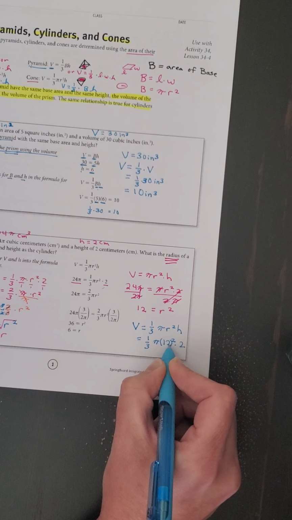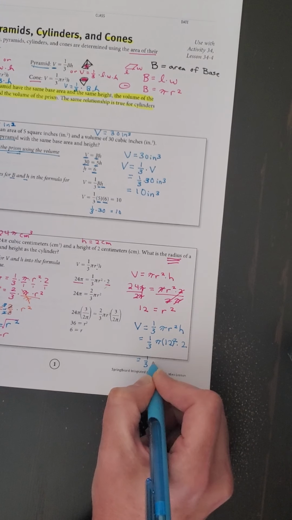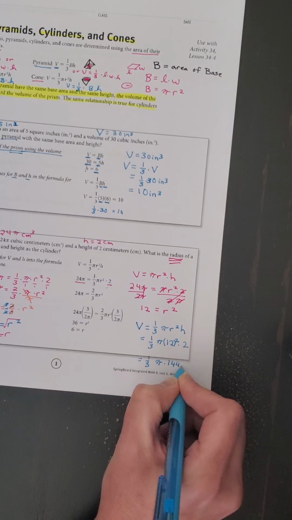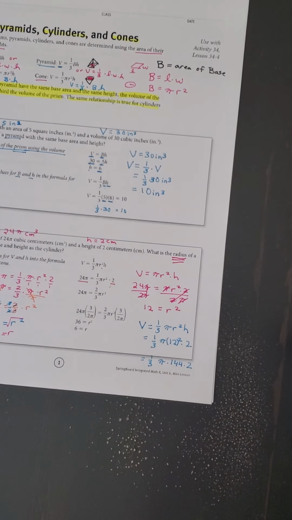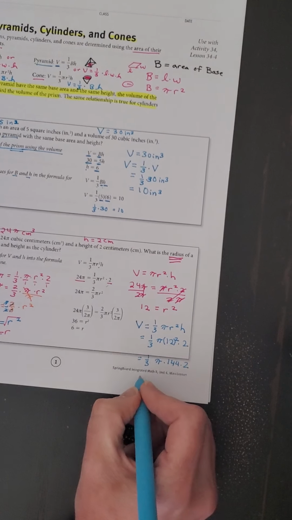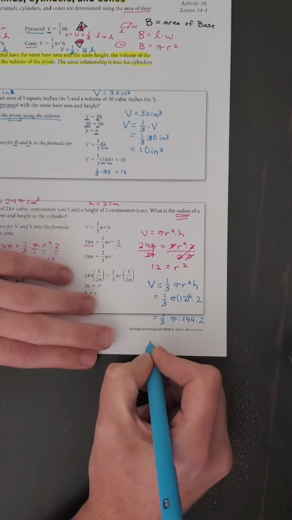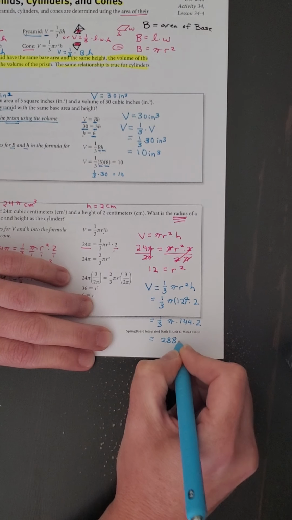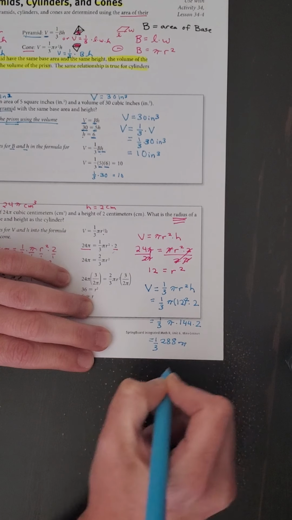That's 144. 144 times 2, so 1/3 pi times 144 times 2. 144 times 2 is 288. Let me make sure I'm not going off the screen. No, I'm not. So this would be 288 times pi, and then 1/3 is out front.